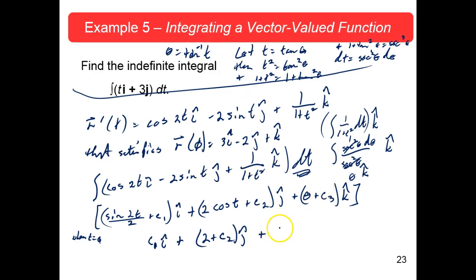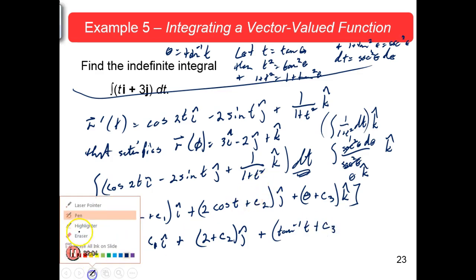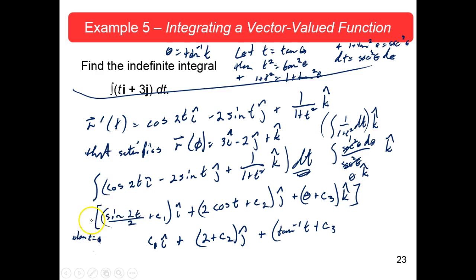This will be inverse tangent of t plus C3. Let me do this on the line above. It's going to come down here in a minute. But instead of theta here, we're going to put inverse tangent of t. That's sort of ugly, but you got what it is.